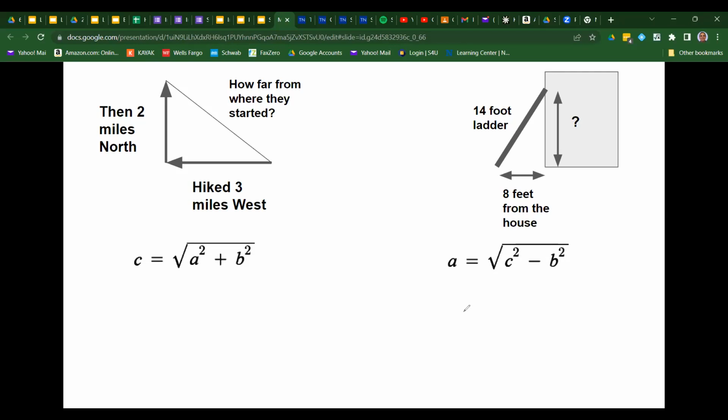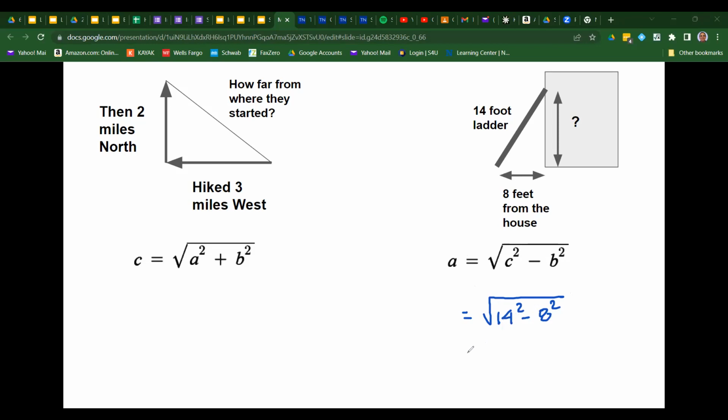So let's plug those values in, and you can do this directly into the calculator. Second, square root button, 14 squared minus 8 squared. You only have 2 numbers to work with here. So you're either going to square them and add them, or square them and subtract them.